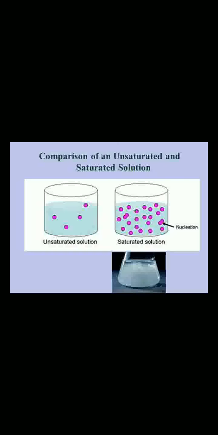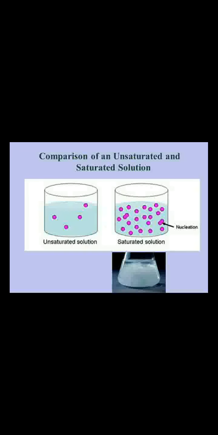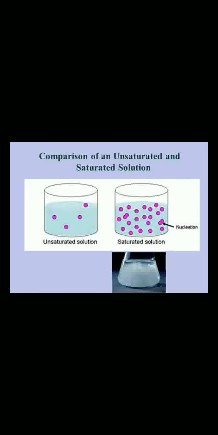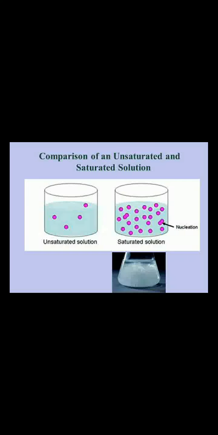In unsaturated solution, added solute is dissolved, meaning the solvent accommodates more and more solute, thus unsaturated solution contains a lesser amount of solute, whereas saturated solution contains the maximum amount of solute in a given amount of solvent, whereas in supersaturated solution, solute gets separated from the given solvent.